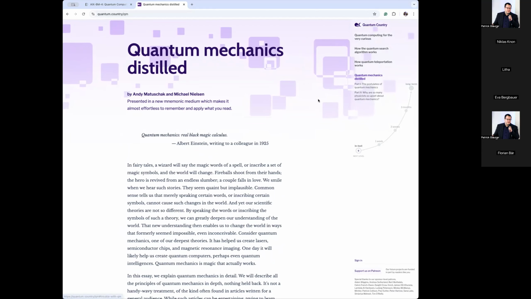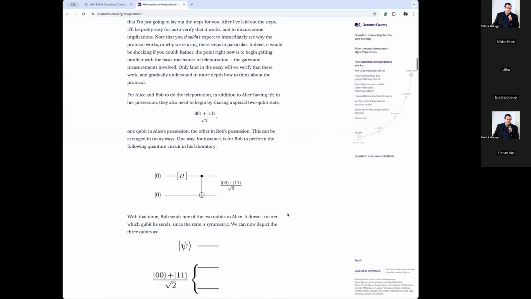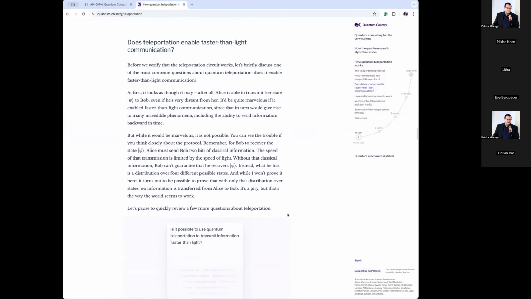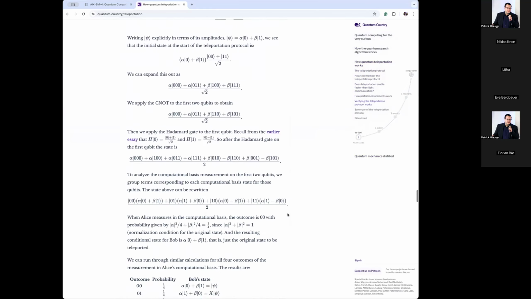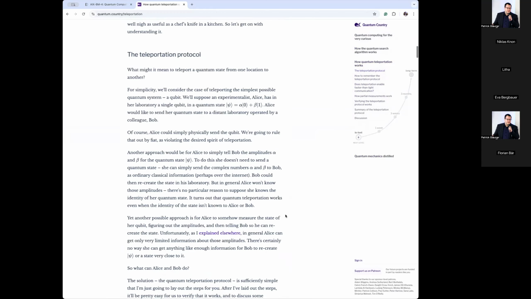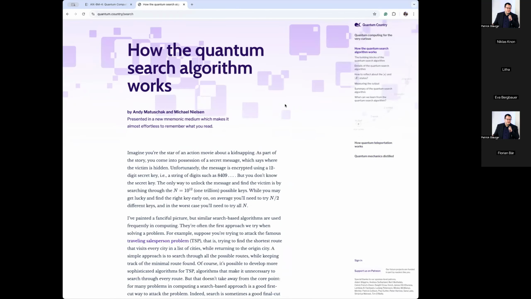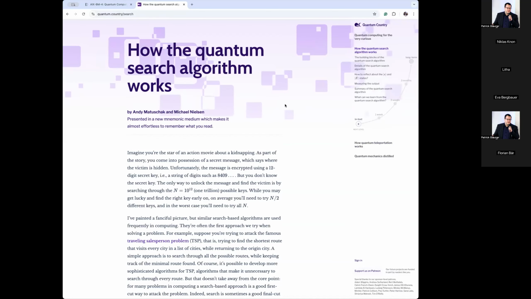There are two more essays. One is on quantum teleportation. It's a relatively short one. It's something we're not looking at in this course. If you want to learn about quantum teleportation, take a look in this essay. And there is one on quantum search. That's the Grover algorithm, because in the next chapter, we will look a little bit into selected quantum algorithms.